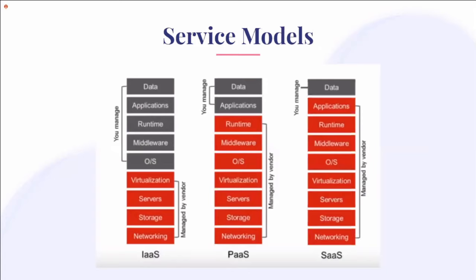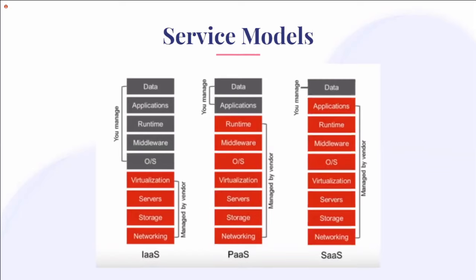Let's switch to service models. As I said, if you go for any of the cloud platforms, let's say AWS, GCP and Azure, all the cloud platforms offer you 3 different service models: infrastructure as a service, platform as a service and software as a service.